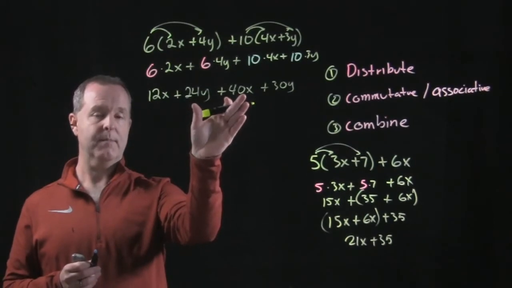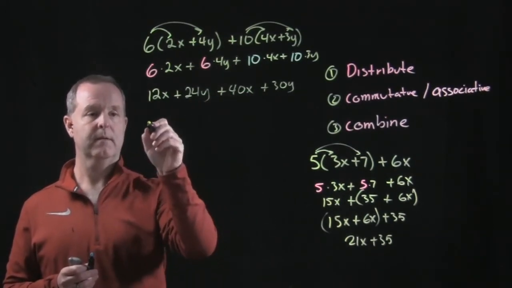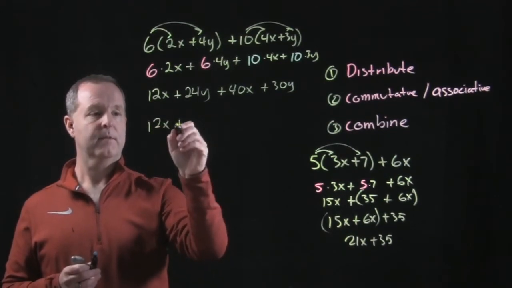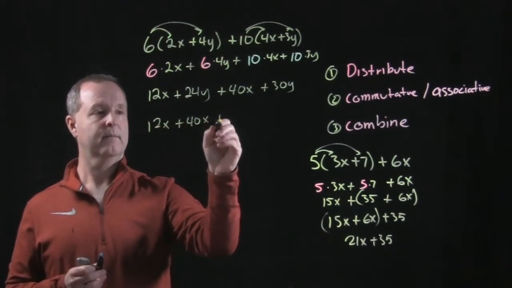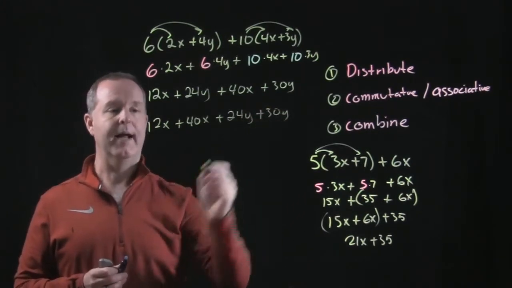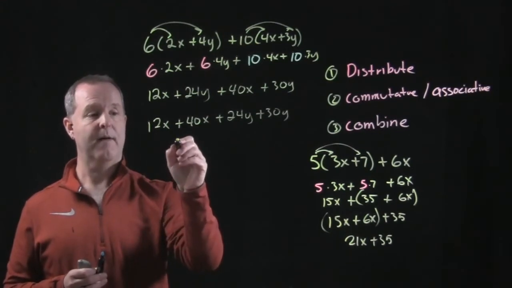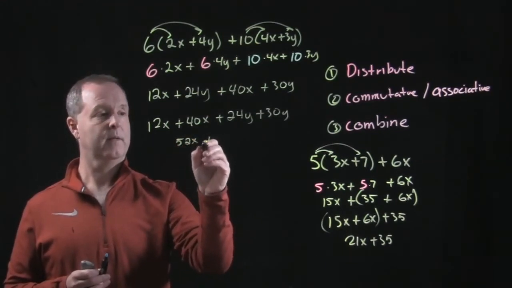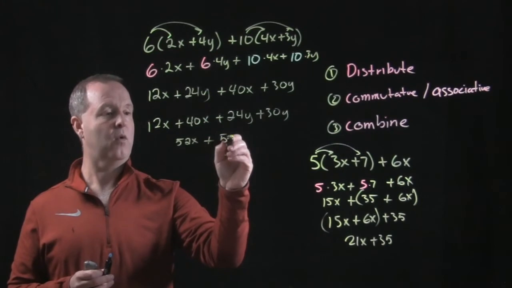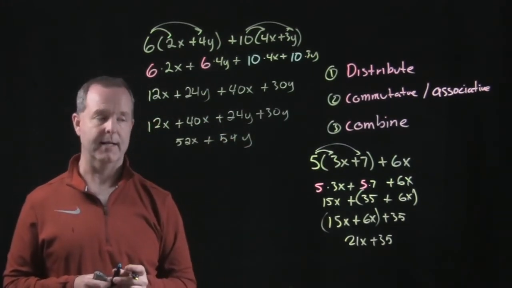So I'm going to use my commutative property to reorder my middle 2 terms. So that becomes 12x plus 40x plus 24y plus 30y. And then I can go to step 3, which is combine like terms. I'm left with 52x plus 54y. And there I went ahead and simplified that process.